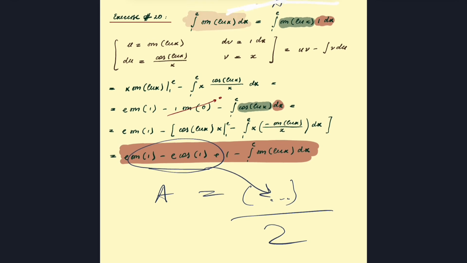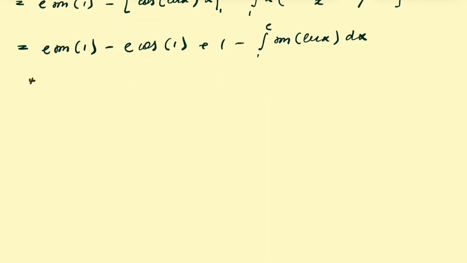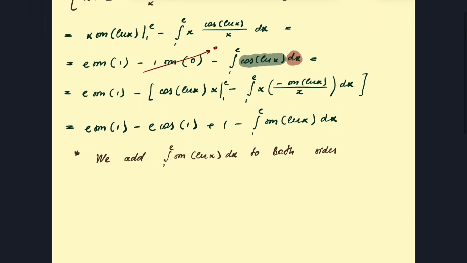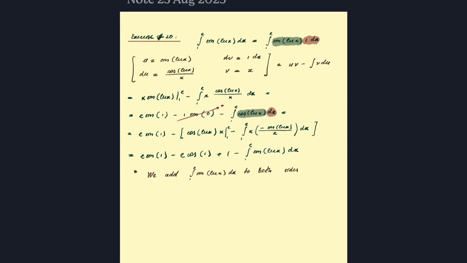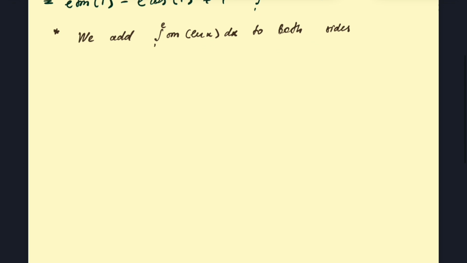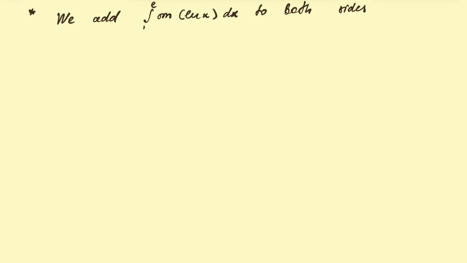Now let's quickly do what I said. We have this and this in our hands, so we add the desired integral to both sides, and this leads us to the following equation.